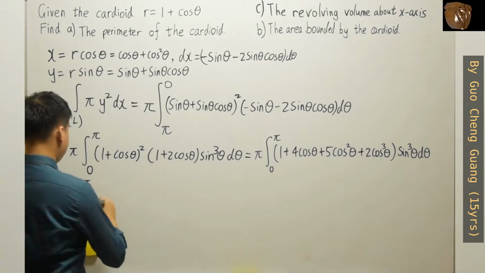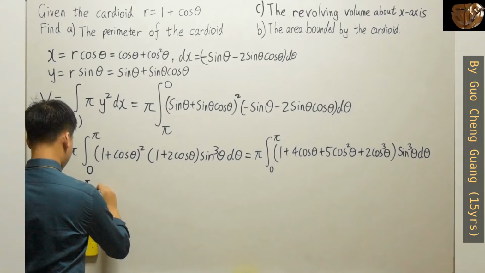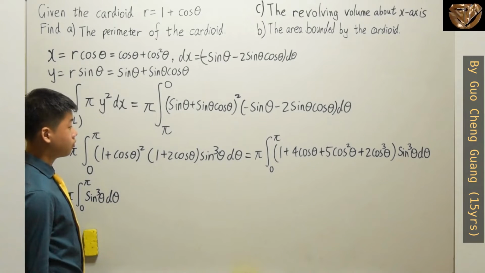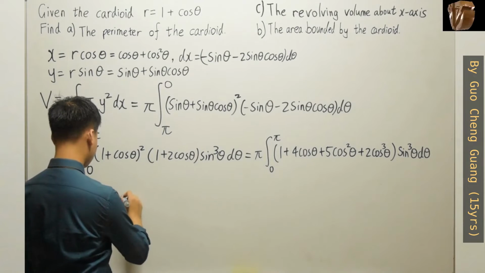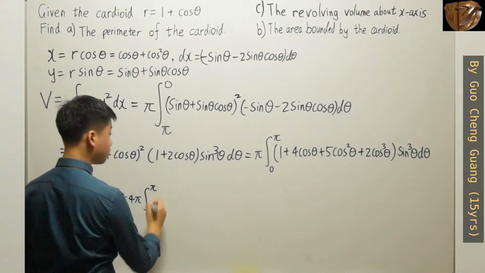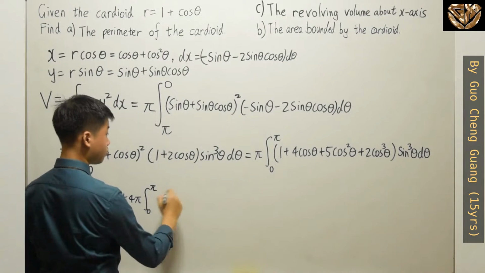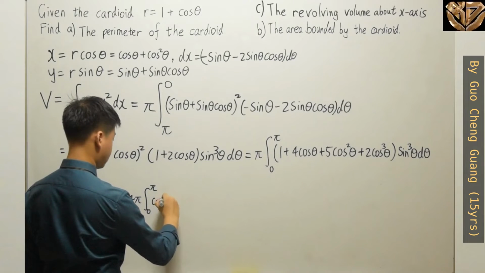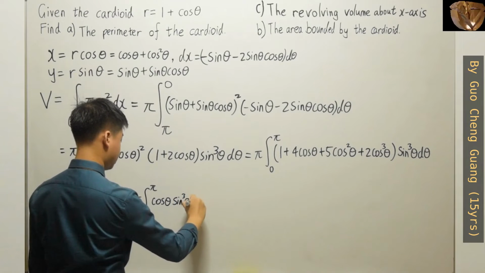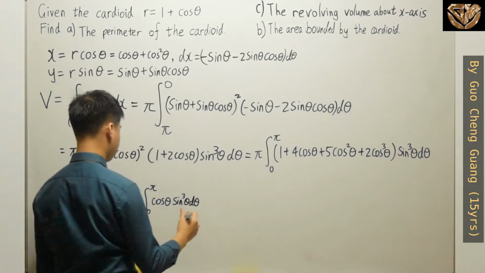Now for the first term, sine cube theta d theta. For the second term, the 4 is taken out, that means you just have cosine theta sine cube theta d theta.